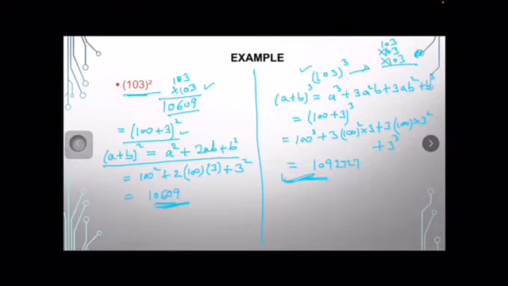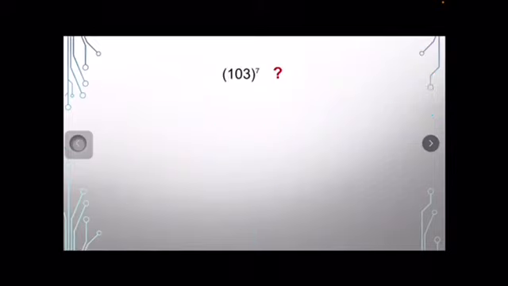By these formulas you can easily solve these terms. But suppose you want to solve 103 whole 7. How do we solve this? Do you have any formula to calculate this power 7? No, you have no such formula for the power of 7, like a plus b whole square or a plus b whole cube.